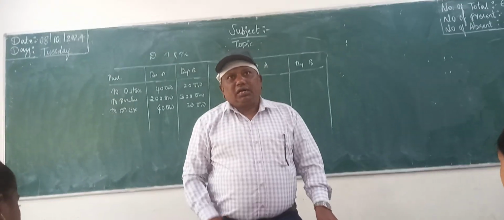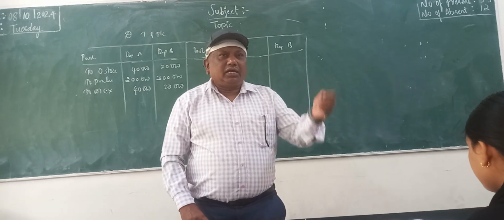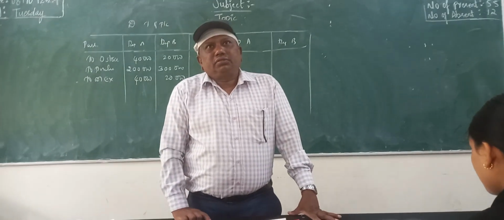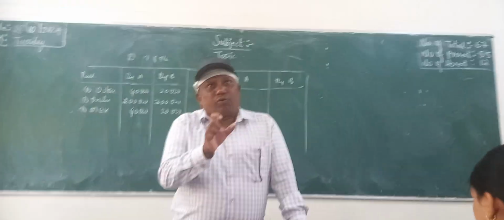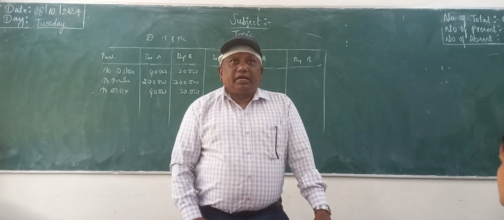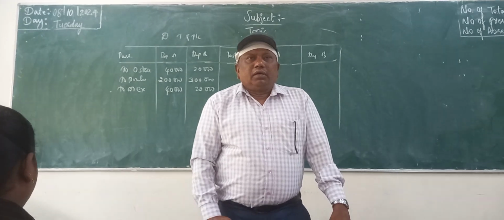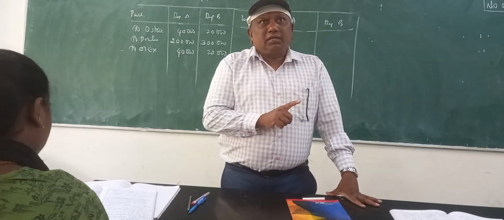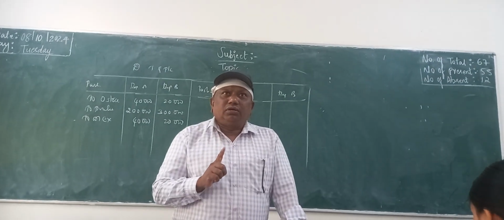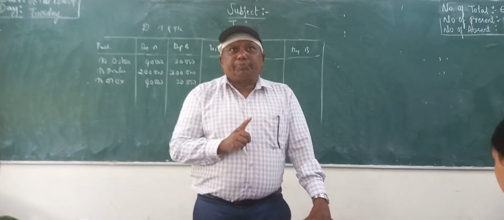What we purchase, for that we pay carriage inward. Because of purchase we paid carriage inward, so I should allocate based on purchase only.